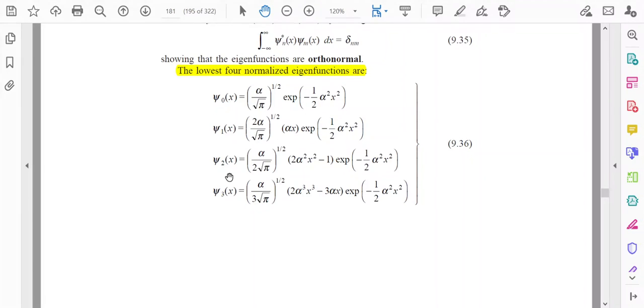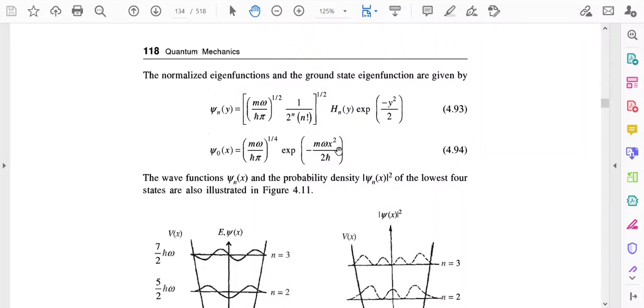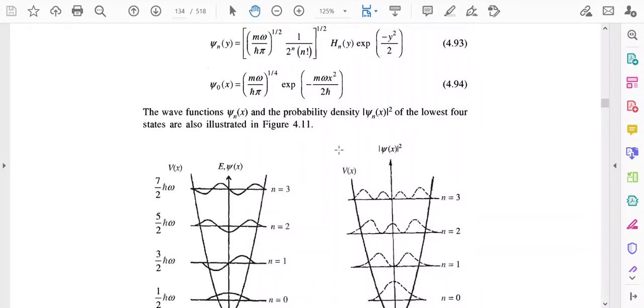In this way you can evaluate different wave functions for different states by substituting the exact expression of the Hermite polynomial. After finding the wave function psi_n(x), you can also calculate the probability density, mod of psi_n(x) whole square.